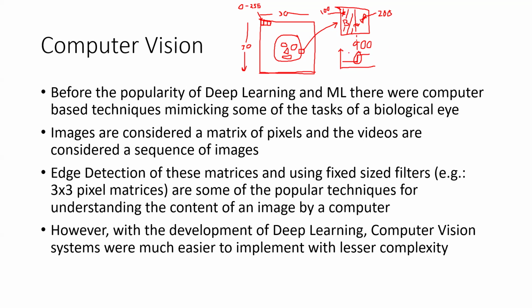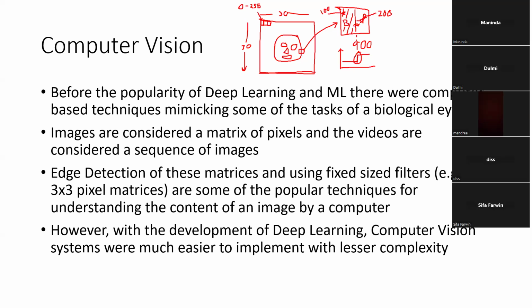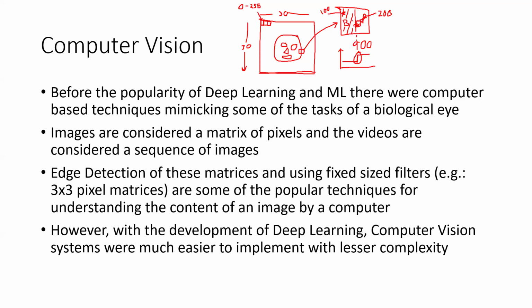What we can do is use some filters, right? Because all of these values are represented in discrete pixels, we can find what pixels are in this region and what pixels are in this region.